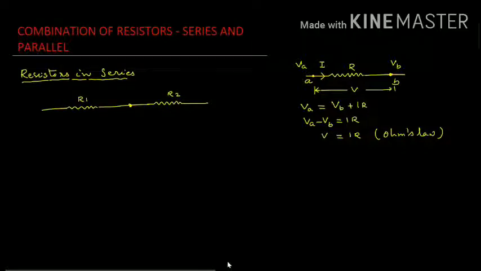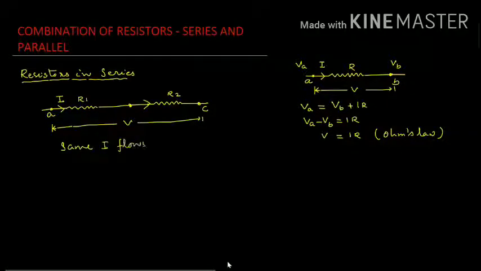The potential difference between the two points A and C is V. The current flowing through the resistor R1 is I, and the same current flows through the resistor R2. So in series connection, the same current I flows through each resistor.